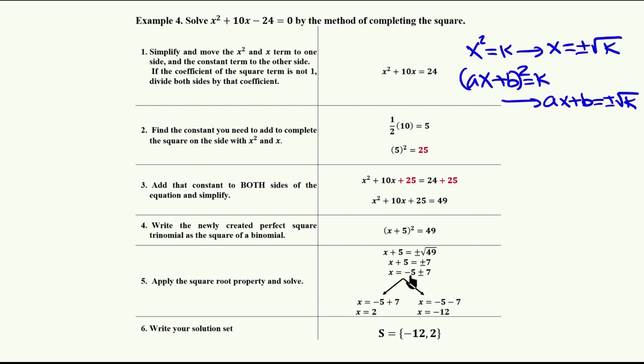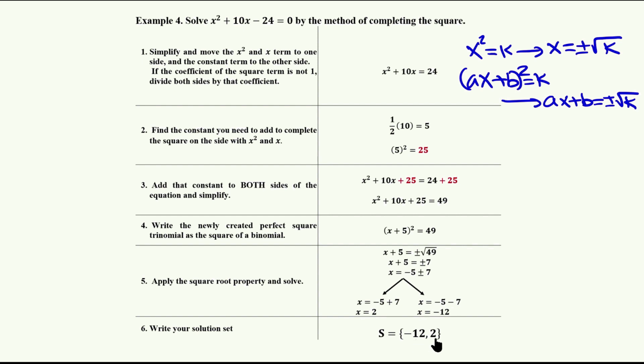Of course, with these, we know that when both of those numbers end up being integers, we should go ahead and do the plus case and the minus case and get two actual integral solutions. So here, the plus case gives us negative 5 plus 7, which gives us 2. And the minus case gives us x equals negative 5 minus 7, which is negative 12. And we end up with this solution set.